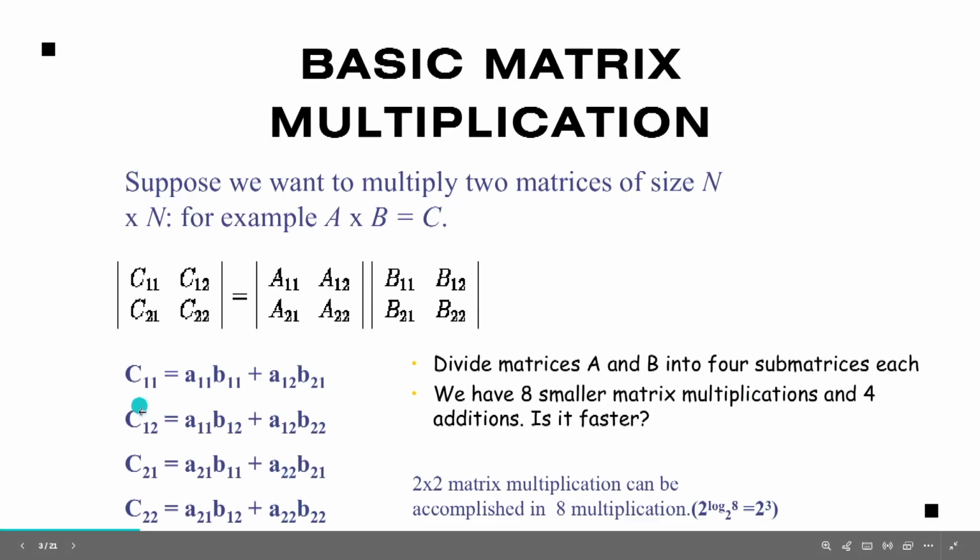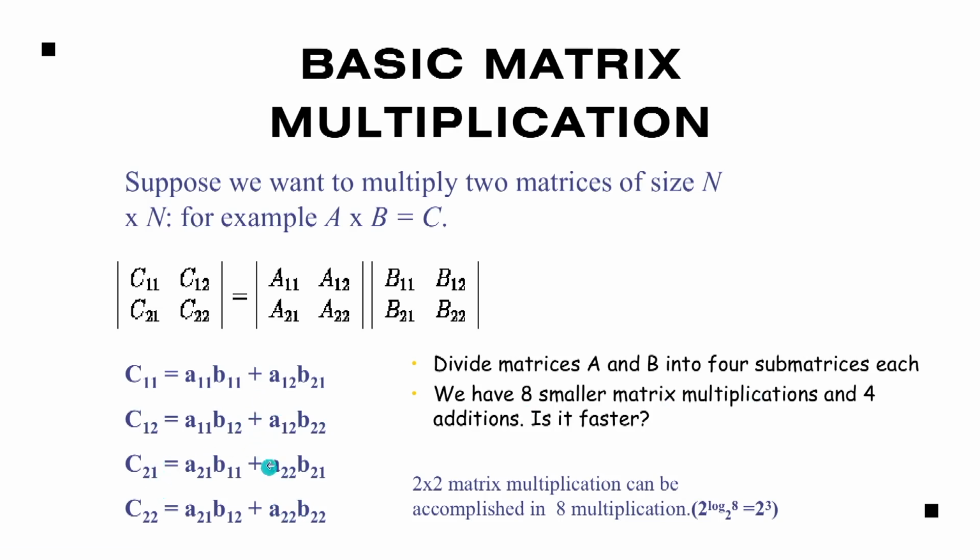Likewise, we do the same for the other elements of this resultant matrix, and this is the conventional way of doing it. Altogether, what you need to know is that just for multiplying these 2 by 2 matrices, we may have to do 8 multiplications, as you see here for C11 to C22, and we are doing 4 additions.